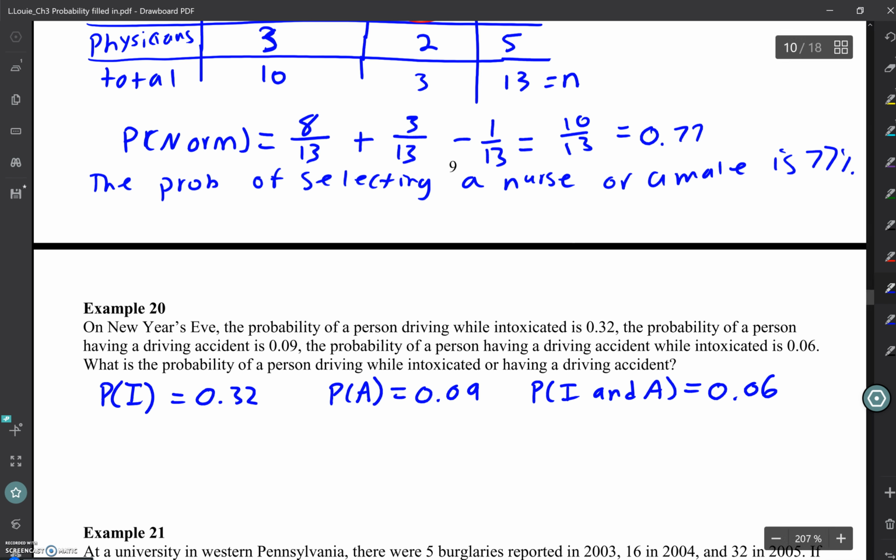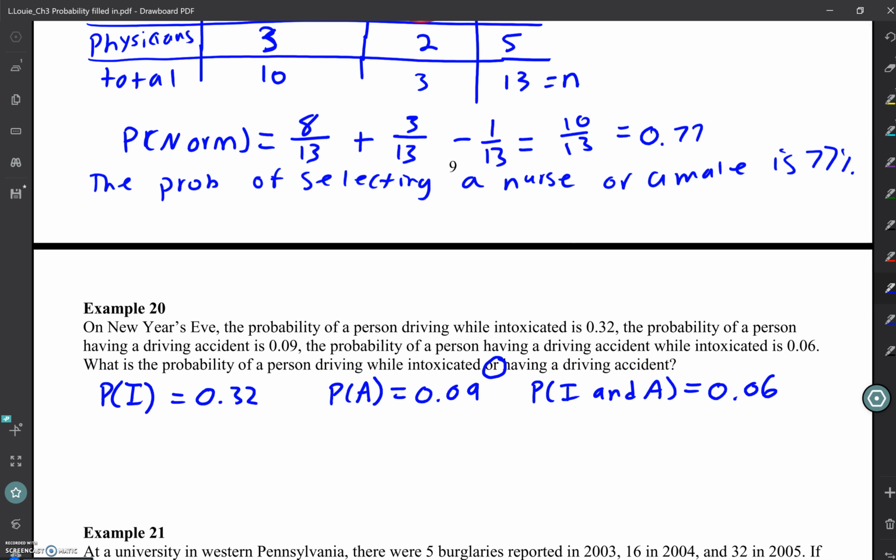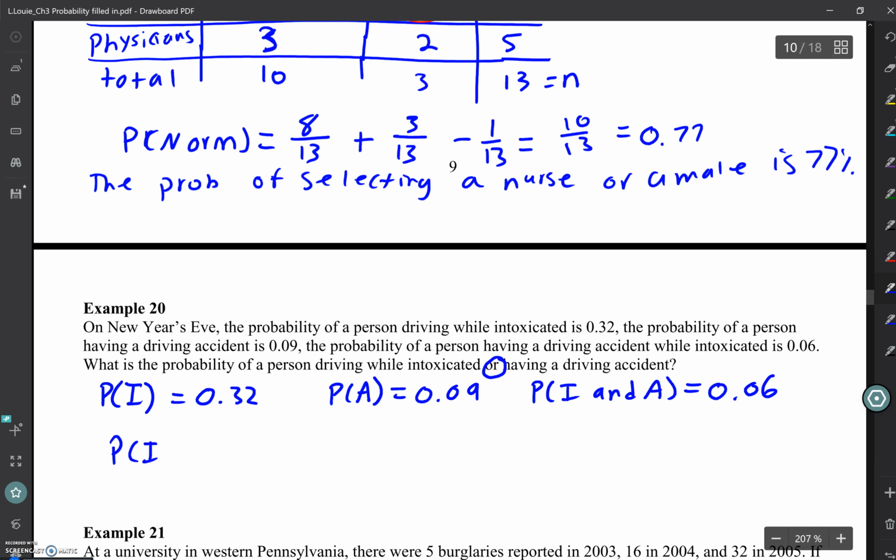And then if I come down here, they asked me about an or. They said the probability of a person driving while intoxicated or having an accident. Do we have the pieces of information we need for that or probability? Yes. So the probability of being intoxicated or an accident is the probability of being intoxicated, 0.32, plus the probability of an accident, 0.09, minus their overlap, so minus the 0.06.